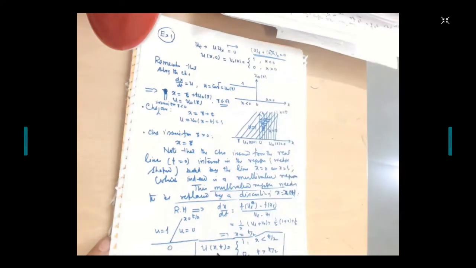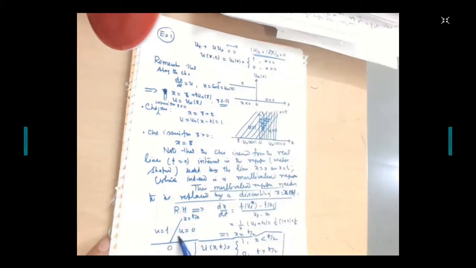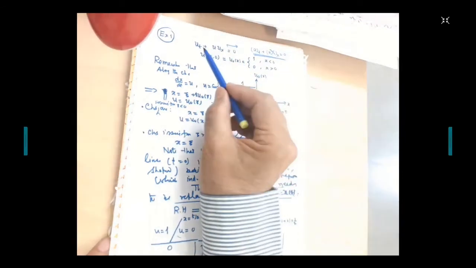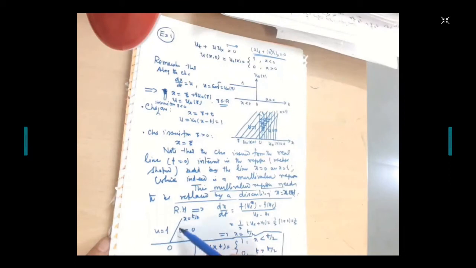In the region on the left of this discontinuity, u is constant, which satisfies this differential equation identically. On the right, u is equal to 0, and it satisfies this differential equation identically. So in the region, this is the only curve, x is equal to t by 2. And we know that x is equal to t by 2 satisfies our RH condition, right? It has been obtained from the conservation law, correct? And therefore, it's a solution.